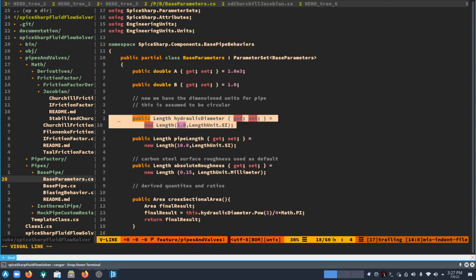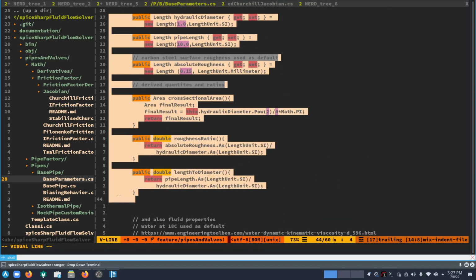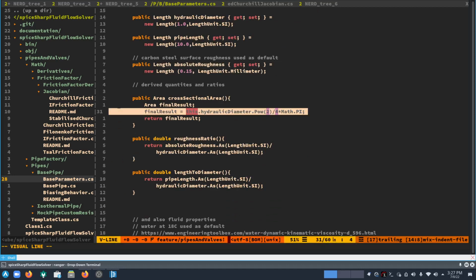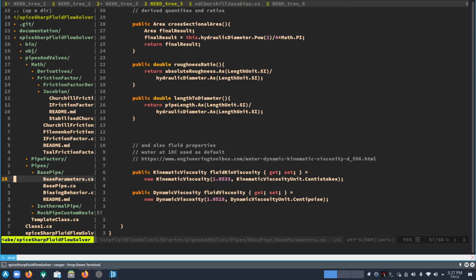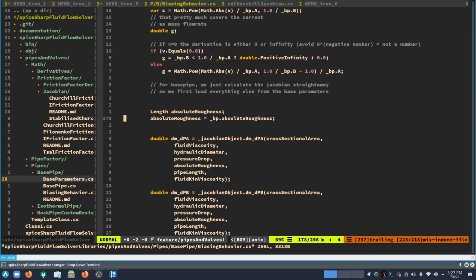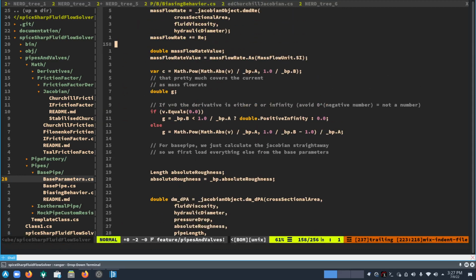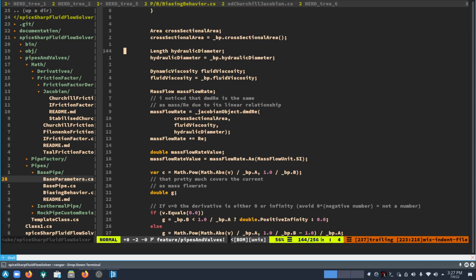I have hydraulic diameter, pipe length, absolute roughness. I have functions for cross-sectional area, roughness ratio, length to diameter, kinematic and dynamic viscosity. So that's how I get all these values. And this is just legacy code which I can delete. Those are part of the non-linear resistor part, which is not important. I just left them there as a reference.